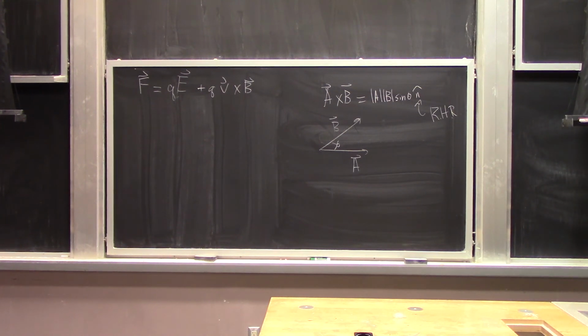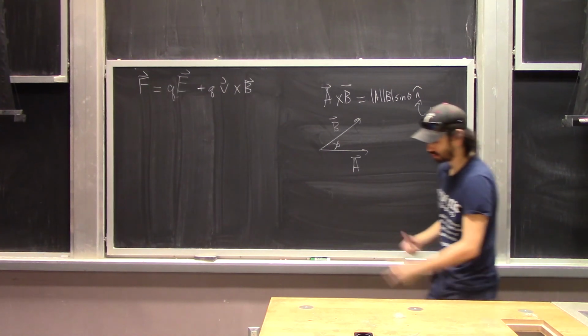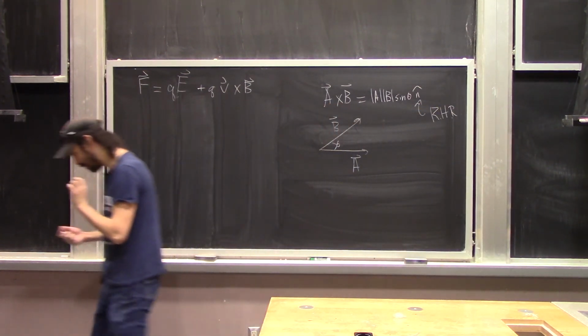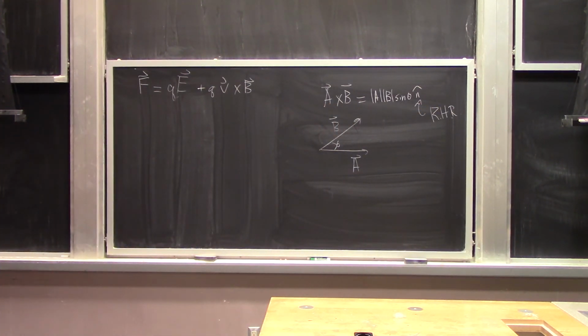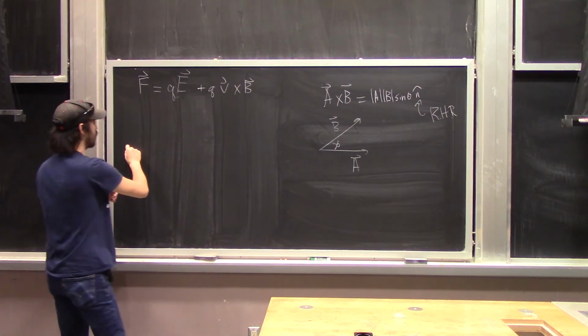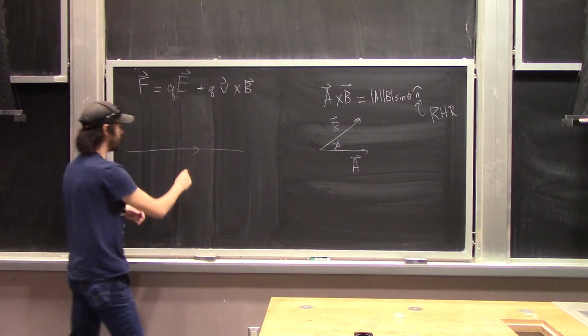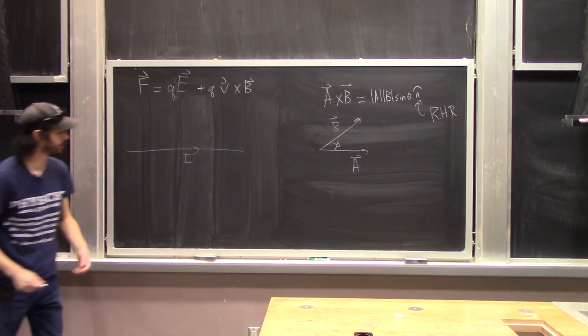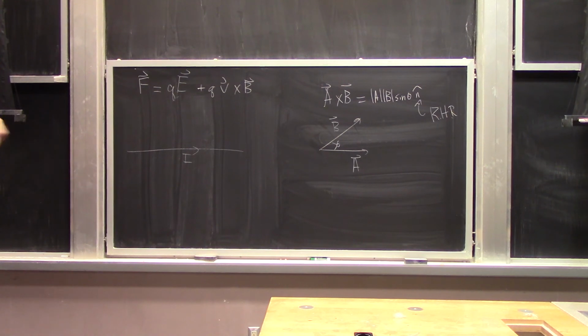Okay. Now, we also began talking about the way that magnetic fields behave, or the way that they look from different arrangements of current. We saw, for instance, that if we had some current-carrying wire going to the right like this, it would have some magnetic field that goes around it.